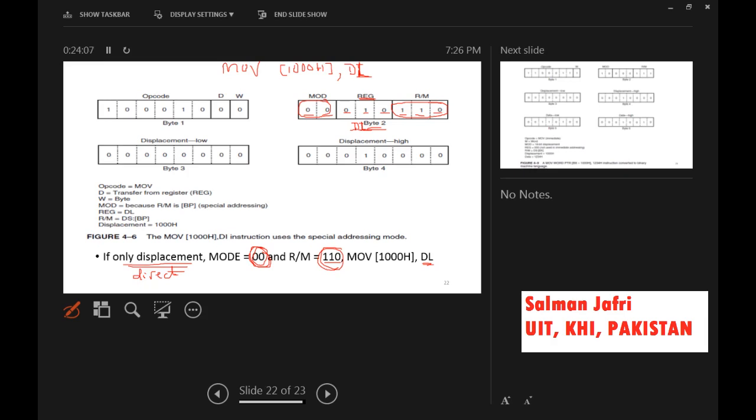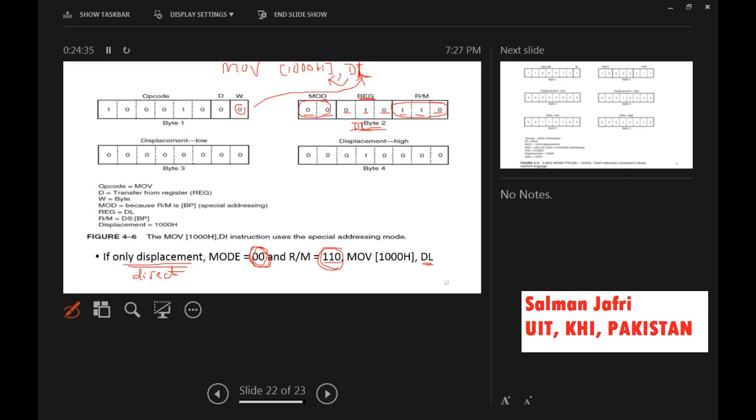Again W is 0 because we have an 8-bit register DL, and again D is 0 because data is flowing into R/M.